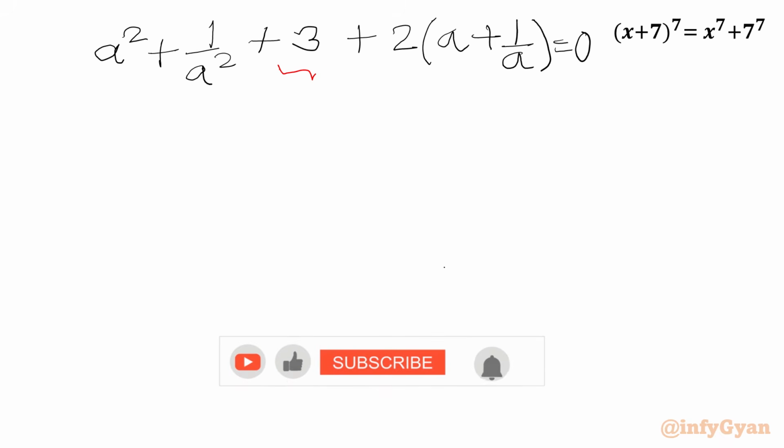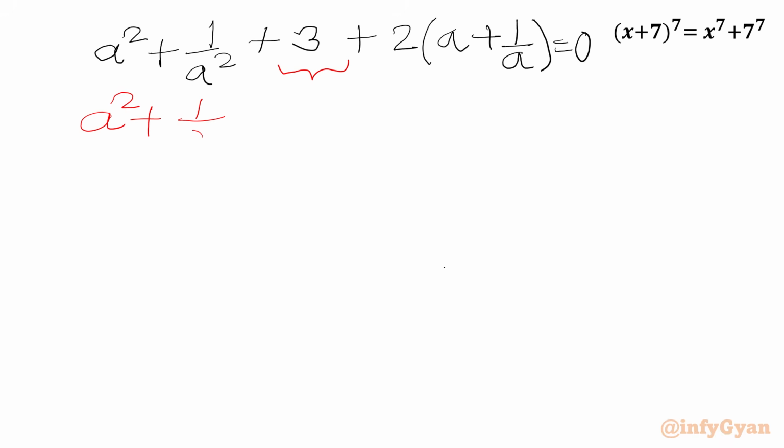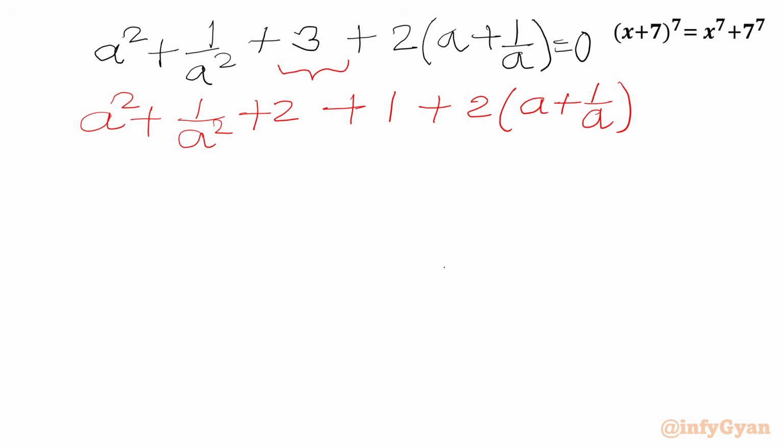Can we write 3 as 2 plus 1? So we will write a square plus 1 over a square plus 2. Then we'll write plus 1. Then we have 2 times a plus 1 over a. And RHS is 0.